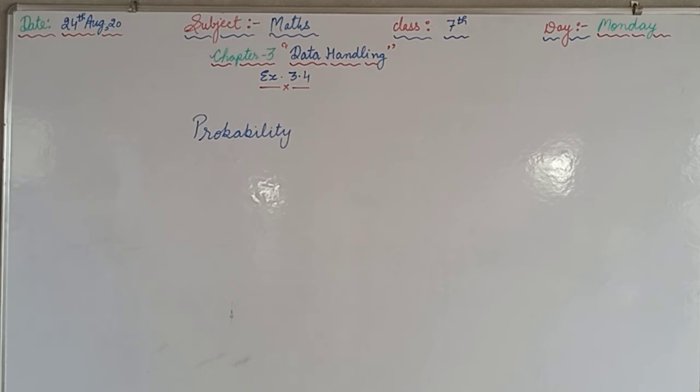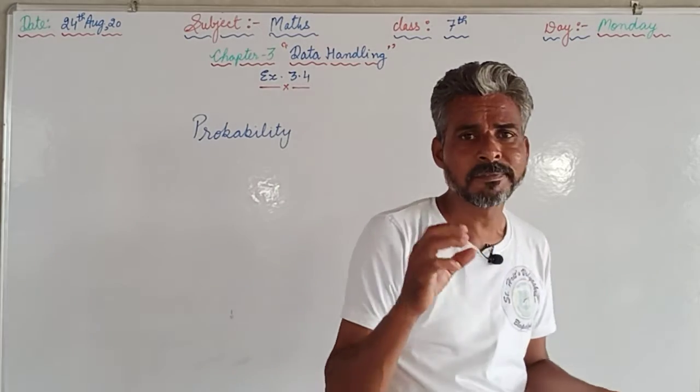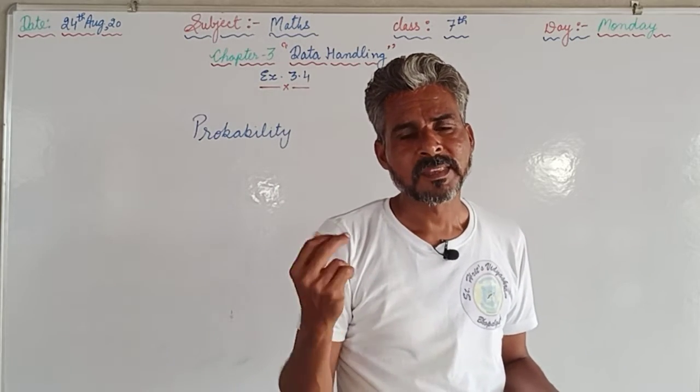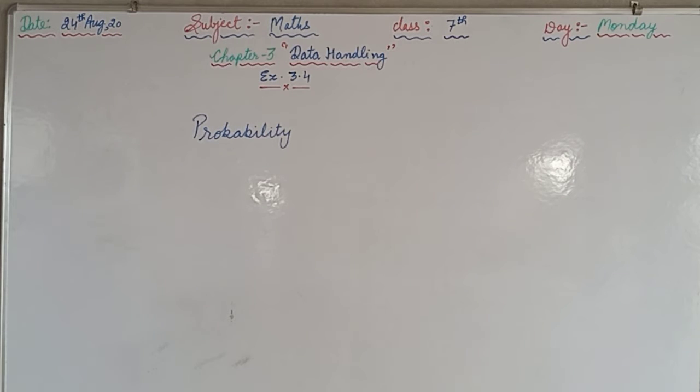Tell whether the following is certain to happen. Probability we can classify in 3 types. The first is certain to happen, second can happen, and third one impossible.